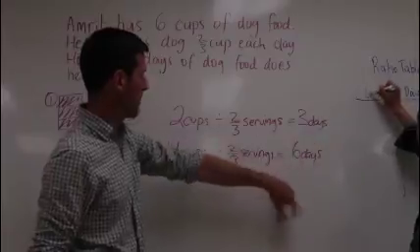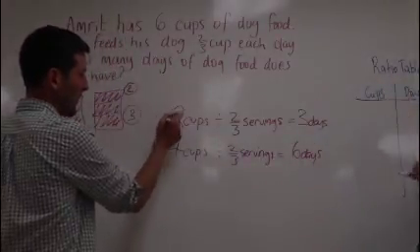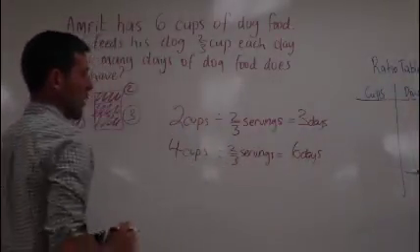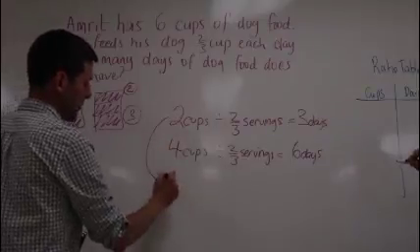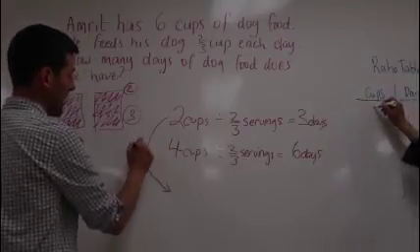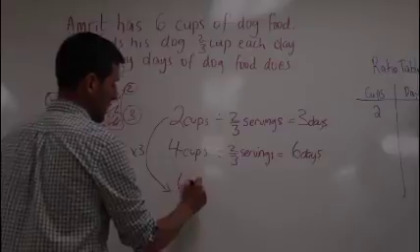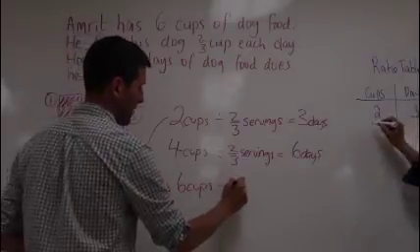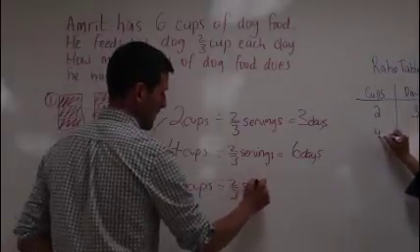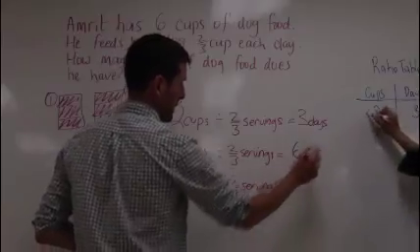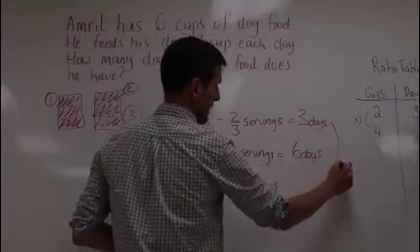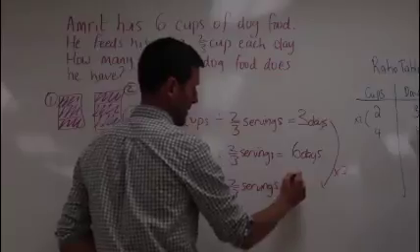I could add 3 more days here, so I've doubled here. Or maybe this time I'm just going to jump right here. So I'm going to multiply by 3 instead. I'm going to go 6 cups divided by 2/3 servings, and I'm going to go times 3, and that's going to be 9 days.